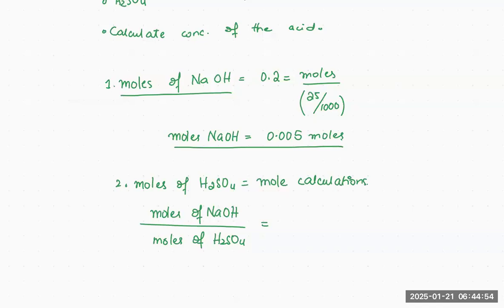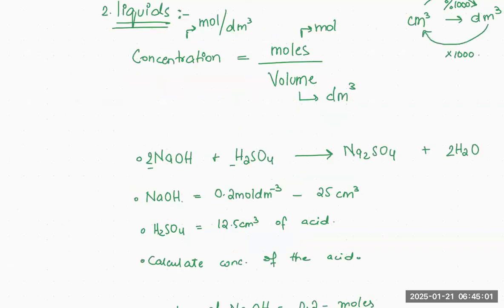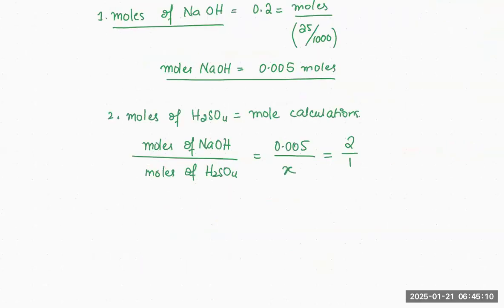Then is equal to, we write down the numbers from the balanced equation: 2 sodium hydroxide and 1 sulfuric acid. Then you solve for X, cross multiply basically. So 0.005 divided by 2 is equal to X. The moles of sulfuric acid come out as 0.0025. So now we have the moles of unknown.